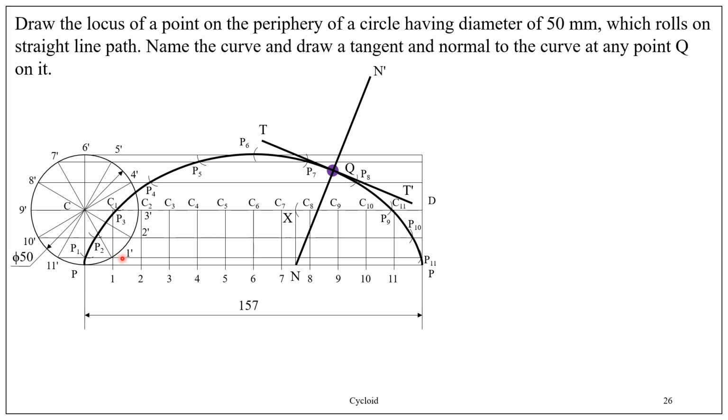And in this problem, we have traced the locus of a point on the periphery of a circle. The point we considered is P. So P is the point at the periphery, and we assume the circle rotates in clockwise direction and the curve is drawn for one complete revolution. Thank you.